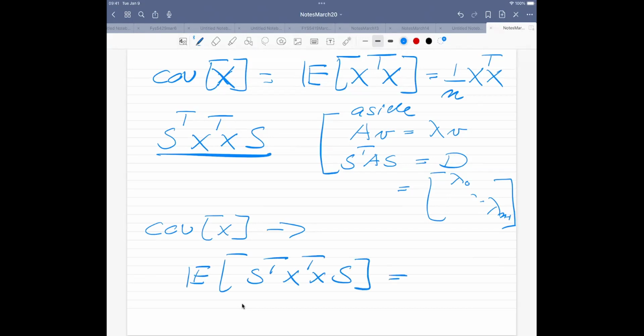And when I do that, I can actually rewrite this as S times the expectation value, because the transformation S is not a stochastic variable, so it does not enter an expectation value. And that means that if you now look at this quantity here, I can relabel that one, because this is now a diagonal matrix.